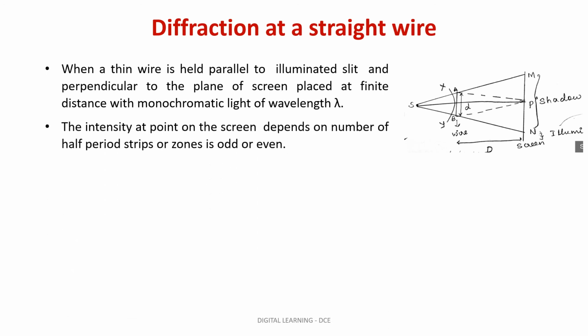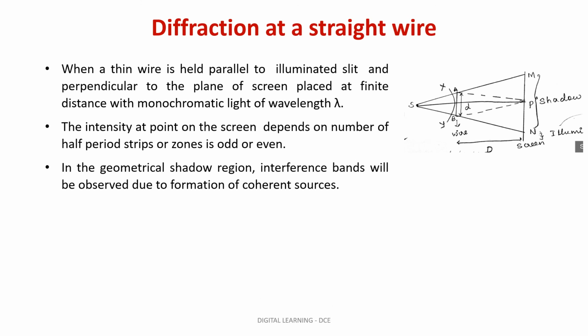The intensity at point P on the screen depends on the number of half-period zones. We have to see whether the number of half-period zones is even or odd. The edges of the wire A and B behave as coherent sources. The point P is bright because an equal amount of light reaches from points A and B at P. There is no path difference between the rays.